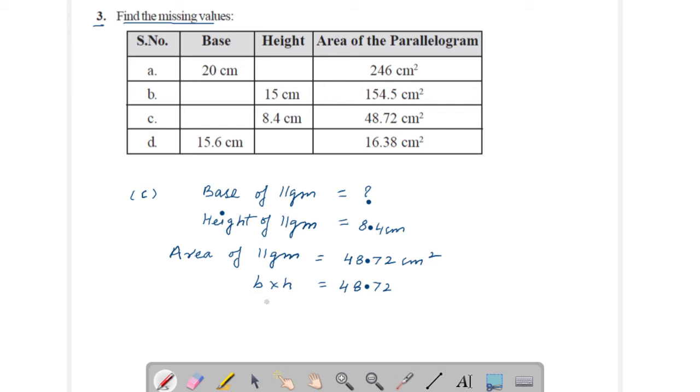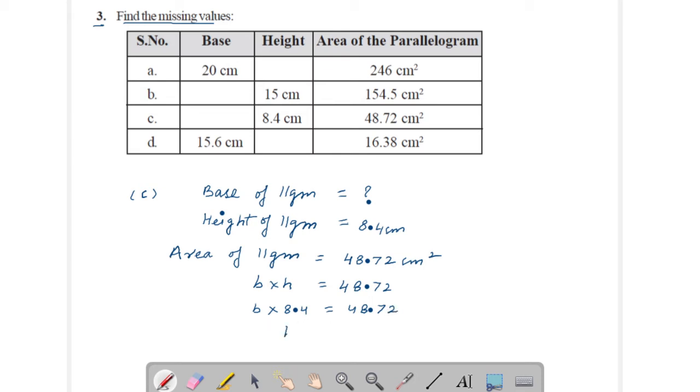Put the value of height. You have to find out base. B as it is. Height is 8.4 equal to 48.72.